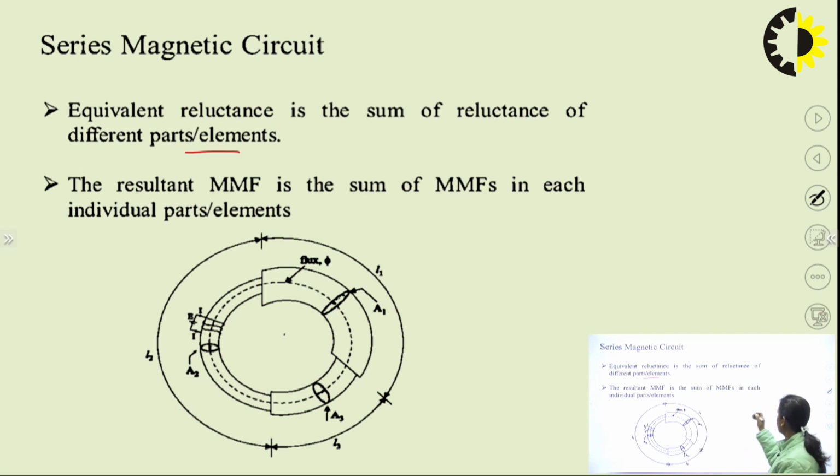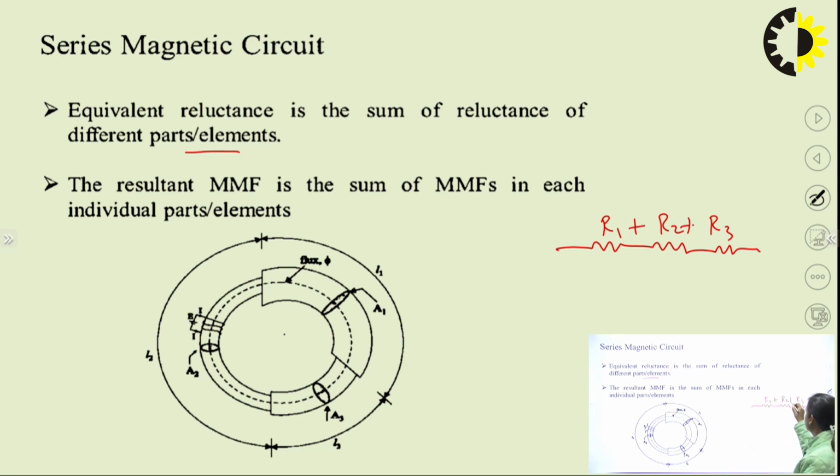If we have a series electrical circuit with three resistances R1, R2, R3, to find the total resistance we add all these resistances. In a similar way, in a magnetic circuit also, we calculate the reluctance of each material and then sum it up.